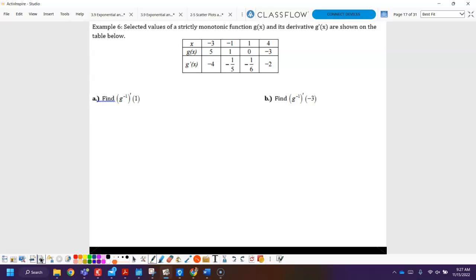So that negative 1 is what we are going to look for our derivative at. So this is going to equal 1 over G prime of negative 1, which is equal to 1 over negative 1/5, which is equal to negative 5. So tables are fun. Like, they're easy.